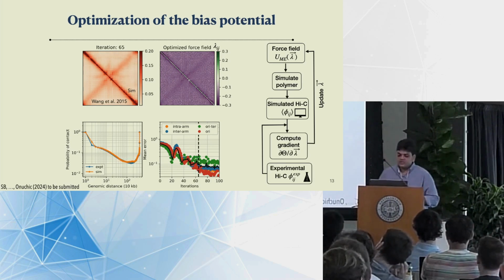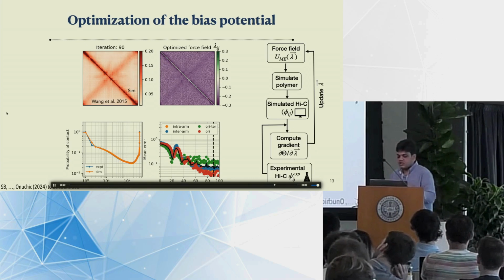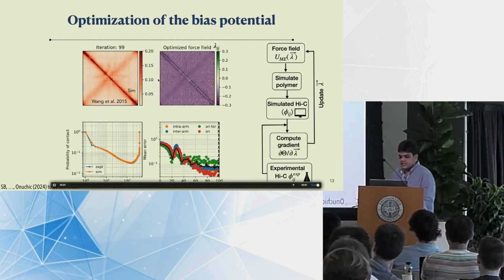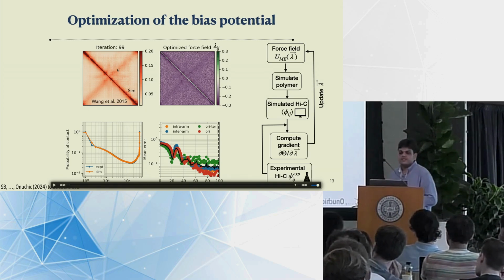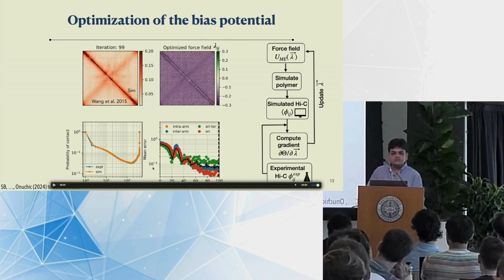But what you can see is that gradually the error is decreasing with the number of iterations, and then it saturates. You can see the lambdas, the optimized force field, and this is the simulated contact map that converges to the experimental map. So if you run this for long enough, we can do this.